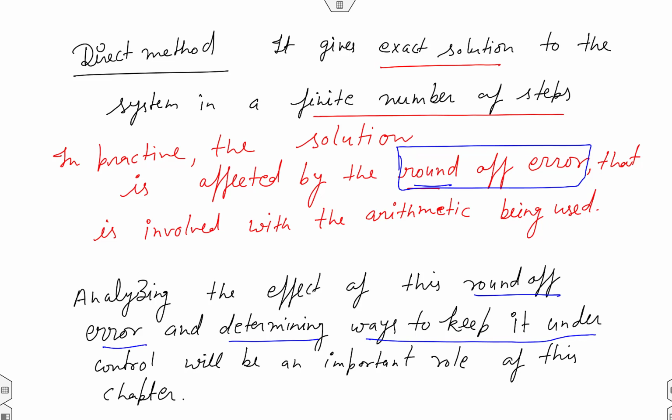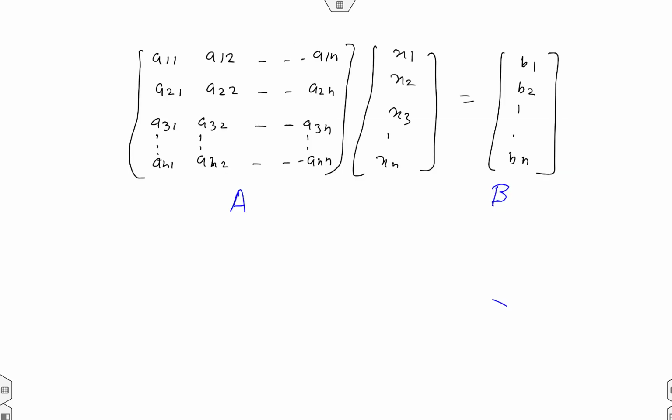in this particular chapter. The very first method that we are going to discuss to find the solution of the system by a direct method is the Gauss elimination method.